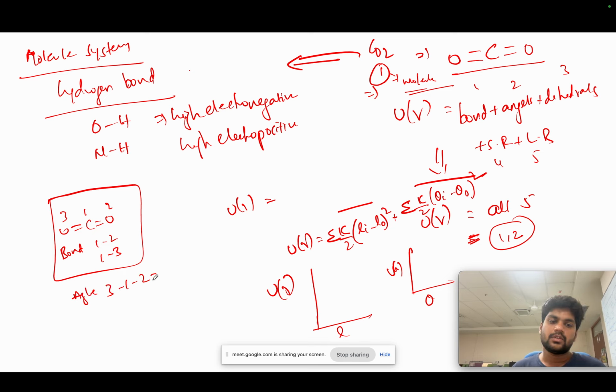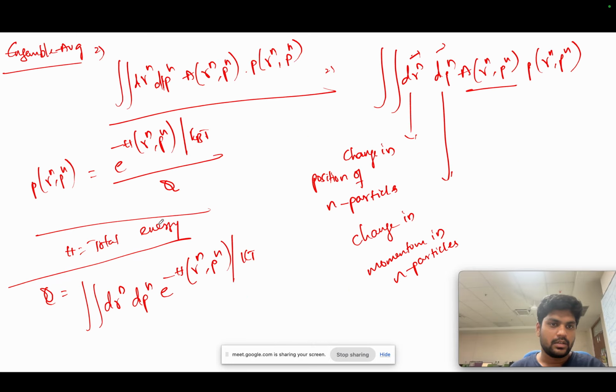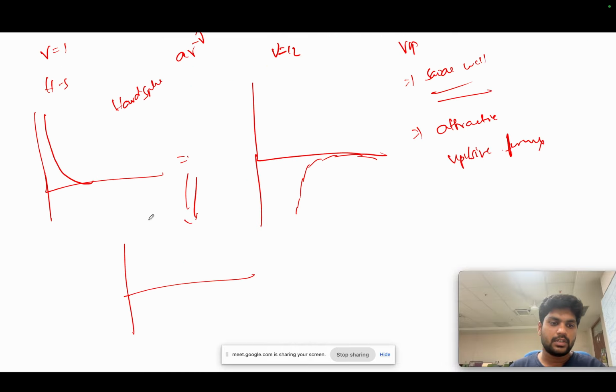So this will be 180 degrees initially. Are you there with me? This one up to here. Yes, sir. So now this is the first microstate. If you remember, we are going to this particle, this one.